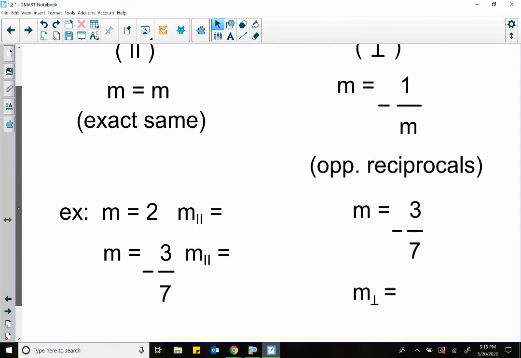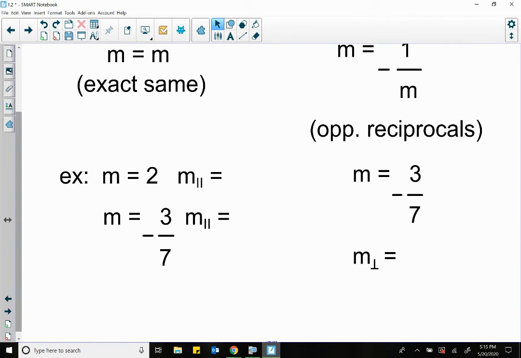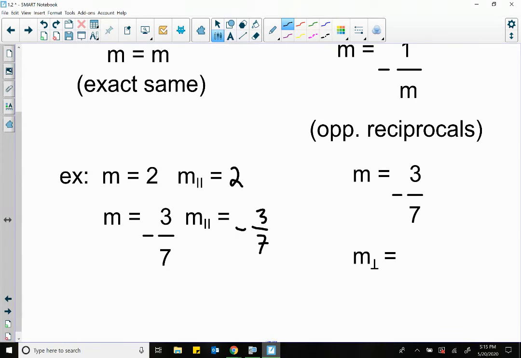So again, if I wanted parallel slopes, you kind of see my little m parallel. A slope that is parallel to 2 would be 2. It has to be the exact same, sign for sign, number for number. If I wanted a slope that is parallel to negative 3/7, it has to also be negative 3/7.